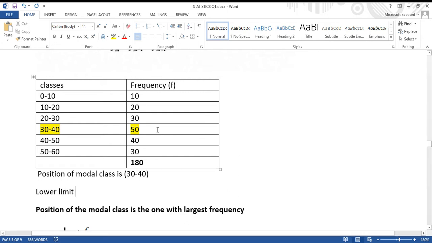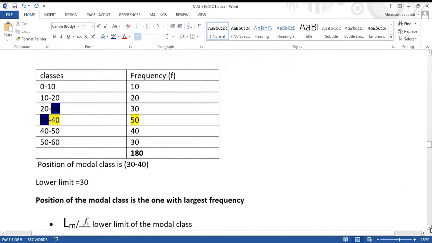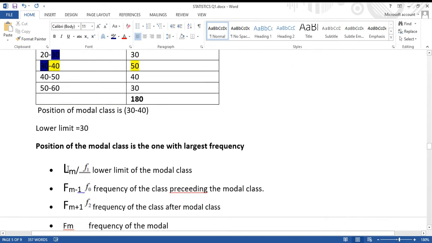You come here, 30 plus 30, 30 is 30 here, plus 30, that is 60. 60 divided by 2, that is 30. So our lower limit is 30. LM equals 30.